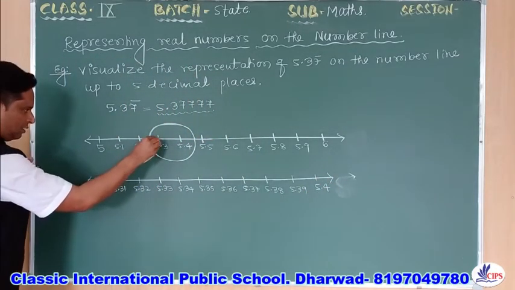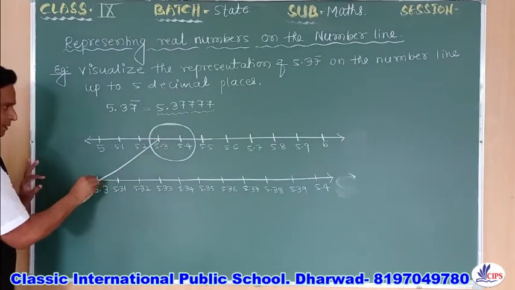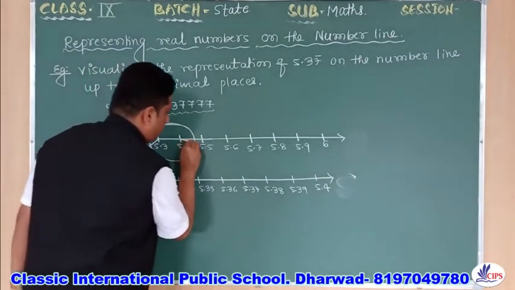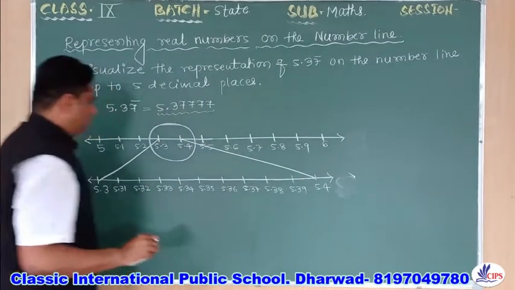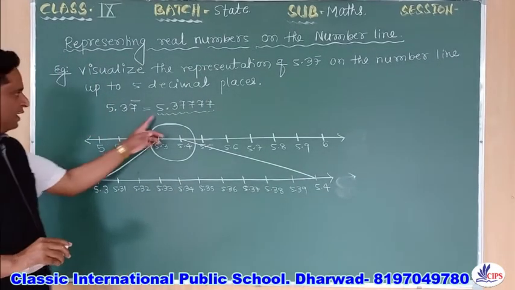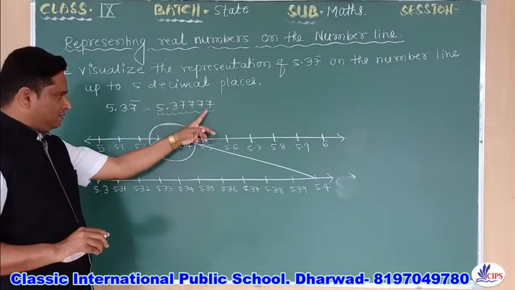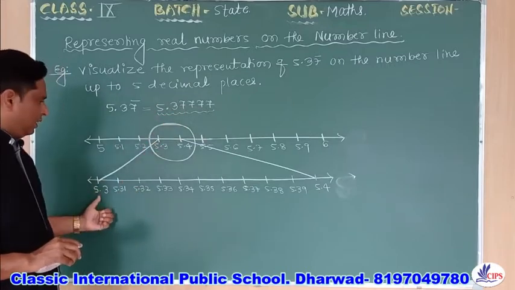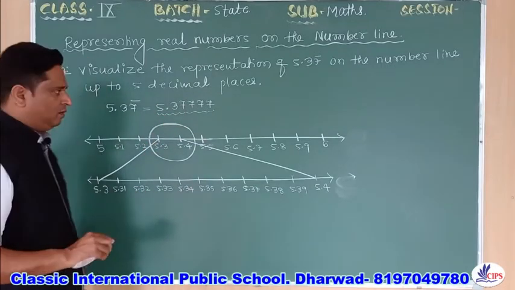So this is your 5.3 and this is your 5.4. Here this 5.37777, it is the number between 5.3 and 5.4.